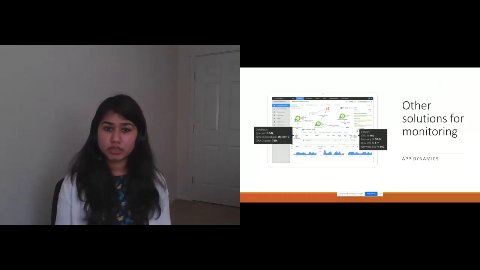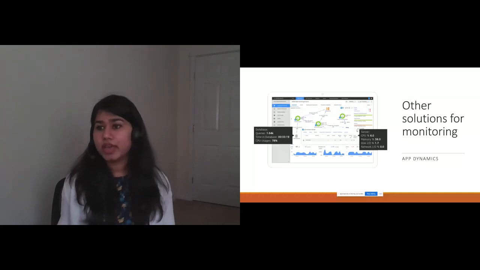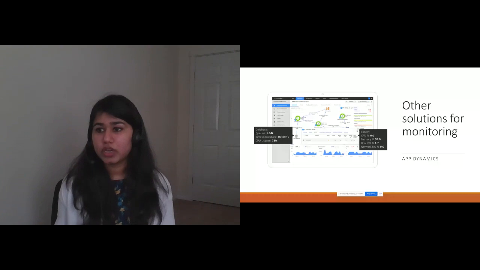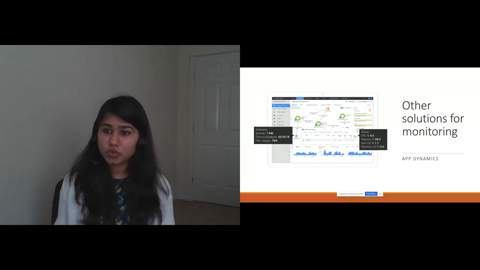But there are other options available as well, like AppDynamics by Cisco. This is an example of how it can be used for a complex architecture as well. I think most of the goodness should be similar, and based on your infrastructure, it's up to the user to decide what they want to use for instrumentation and monitoring.